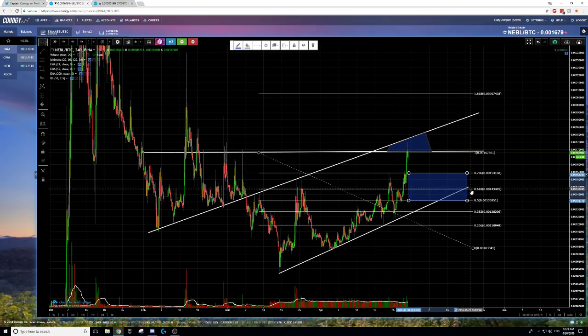And the 618, there's a little bit of action here in it. And then right here definitely acted as support, not as strong. And the 0.5, there was a bounce once here. But apart from that, it doesn't look like there's too much price history, but it doesn't mean it won't.